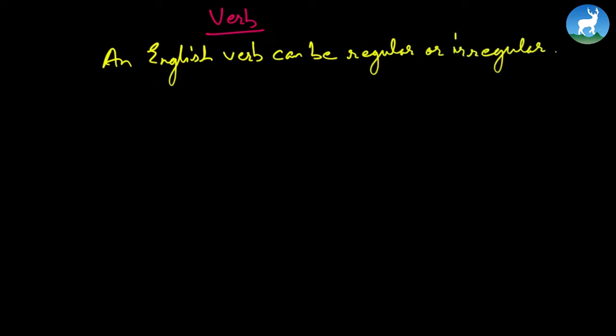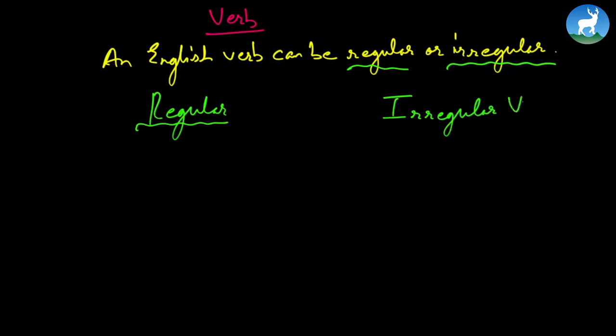So what are these regular and irregular verbs? Regular verbs form their past or past participle by adding ed to the main verb.